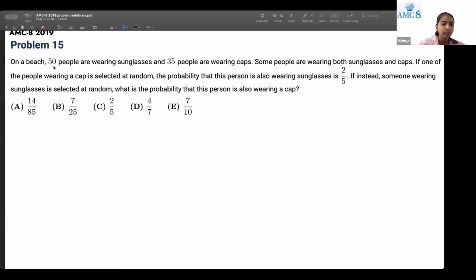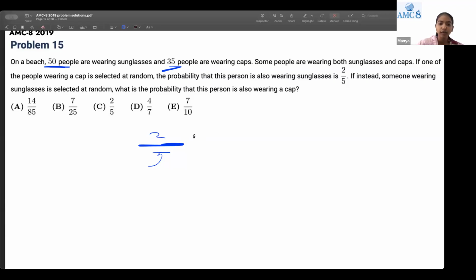So there are 50 people in total wearing sunglasses and 35 people wearing caps. If someone wearing a cap is selected, the probability that this person is also wearing sunglasses is 2/5.